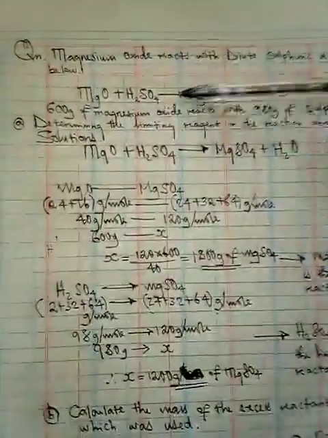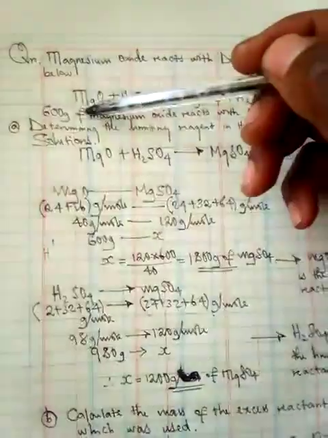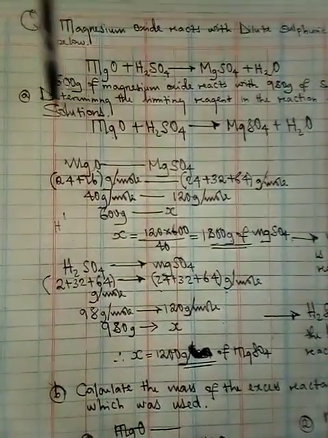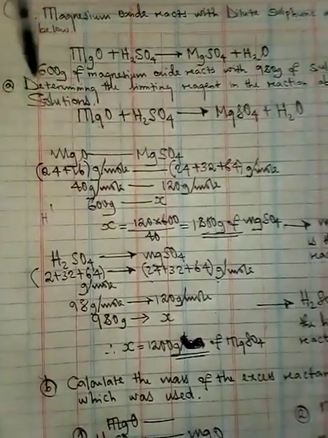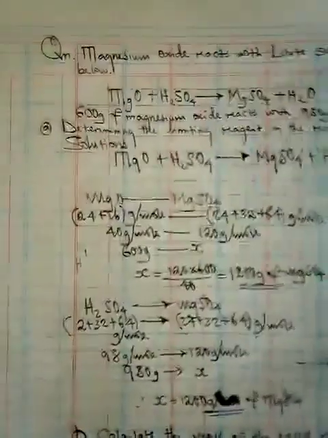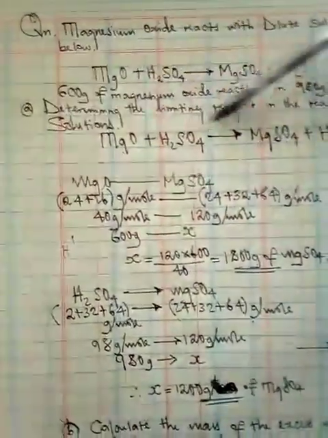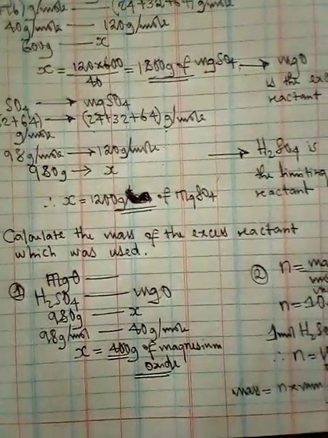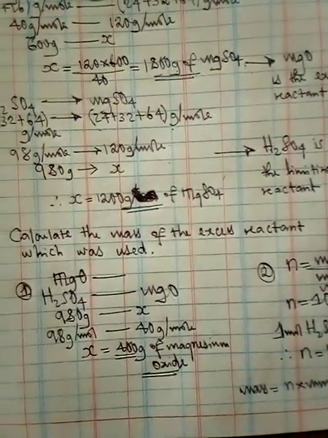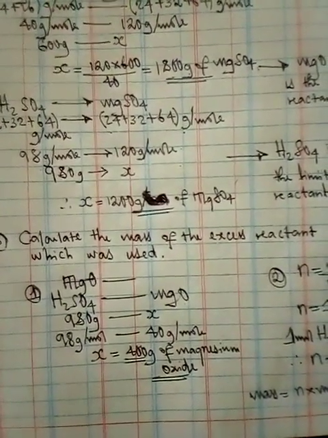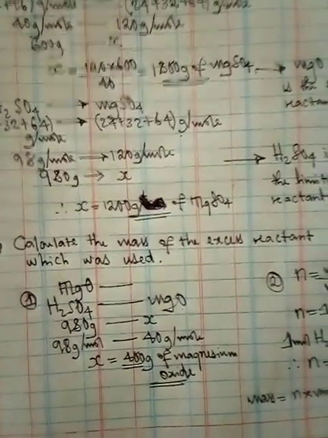Originally, the mass that was given for magnesium oxide was 600 grams. So what this entails is that out of the 600 grams that was available, only 400 grams of magnesium oxide has been used. It is for this reason that they may not only just ask you to calculate the mass of the excess reactant which was used, but they can ask you to calculate the mass of the excess reactant which had remained.